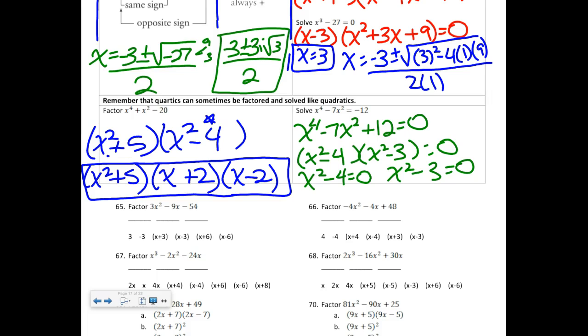Just 2? Plus or minus 2. So this x will equal plus or minus 2. And this x will equal plus or minus square root of 3. Oh, and that's all the ways I've taught you to factor in Algebra 2. Okay. Do 68 and 70.